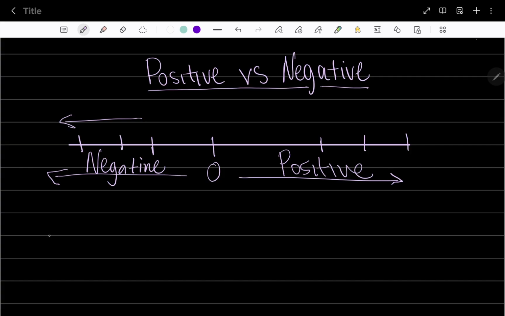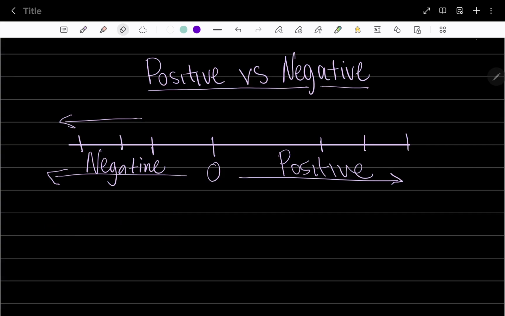So for an example, you have negative 15 and negative 2. Because negative 2 is closer to 0, negative 2 is then larger than negative 15.